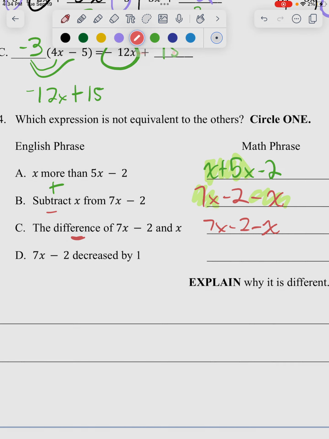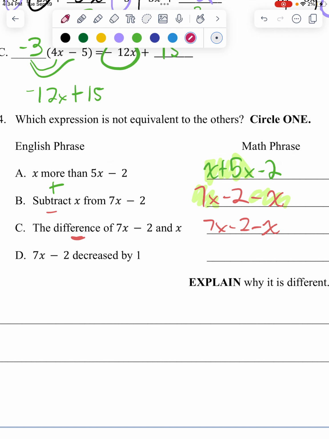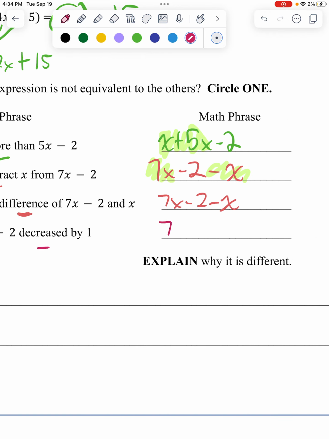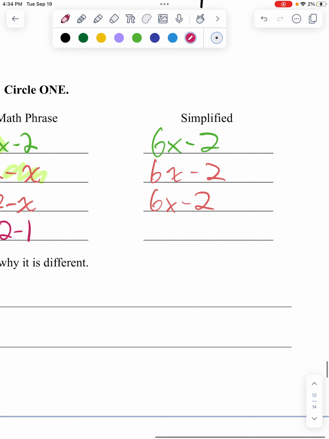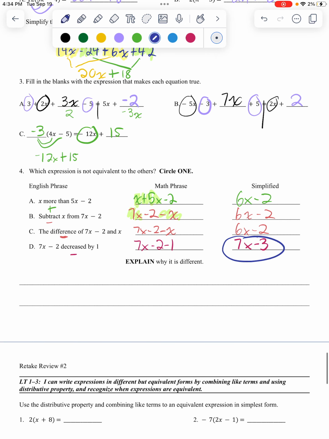I'm going to change my color red here for this last one because it's a little bit different. So I have 7x minus 2 again. But this time it's just decreased, subtracted by 1. So this is 7x minus 2 minus 1, which is 7x minus 3. Clearly this one right here is the one that is different. And the reason why it's different is it was decreased by 1, not decreased by x.